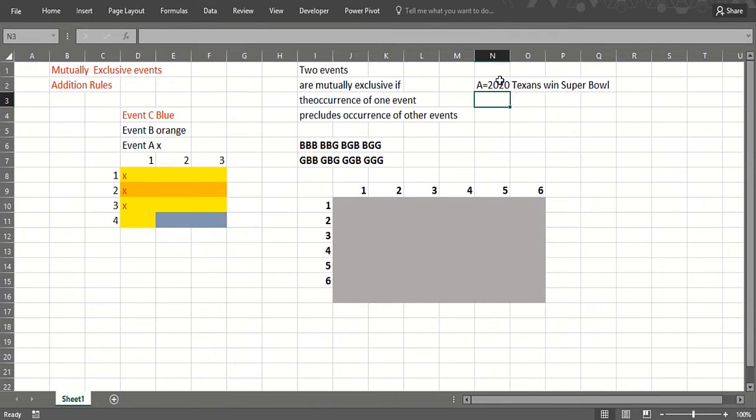And event B, the Cleveland Browns win the Super Bowl, which probably will never happen. I think people in Cleveland agree. Those are mutually exclusive because if one happens, the other can't. If the Browns win, then the Texans can't win and vice versa. Okay, so these events are mutually exclusive.